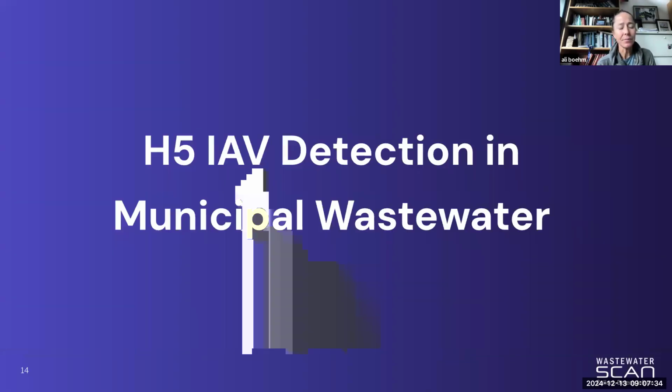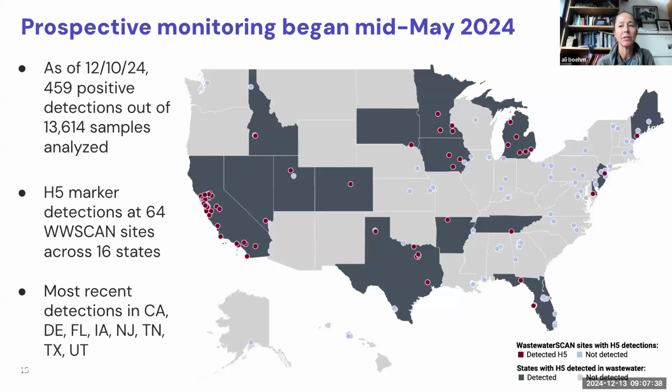Next slide. I want to go over the H5 detections in wastewater we're seeing. This is as of 3 days ago, what we have seen across the United States. The gray states are states where there has been at least one positive detection since we started in mid-May 2024. Red indicates a wastewater treatment plant that has had at least one positive detection. You can see there are a whole bunch of plants that have never had a detection.